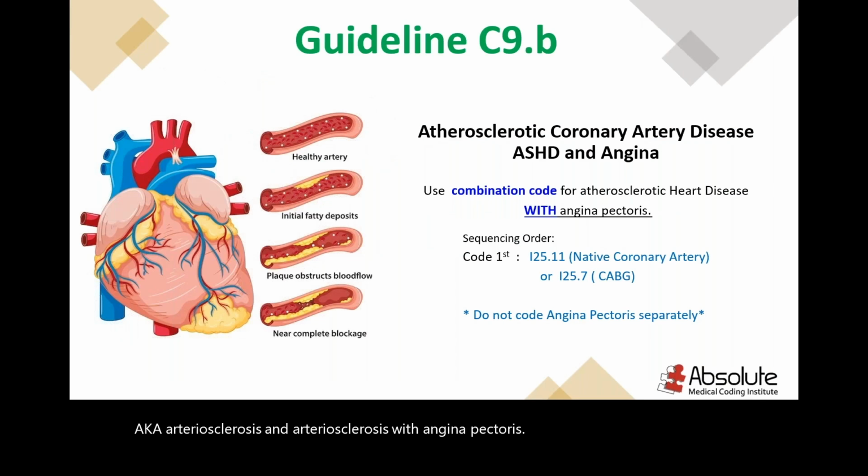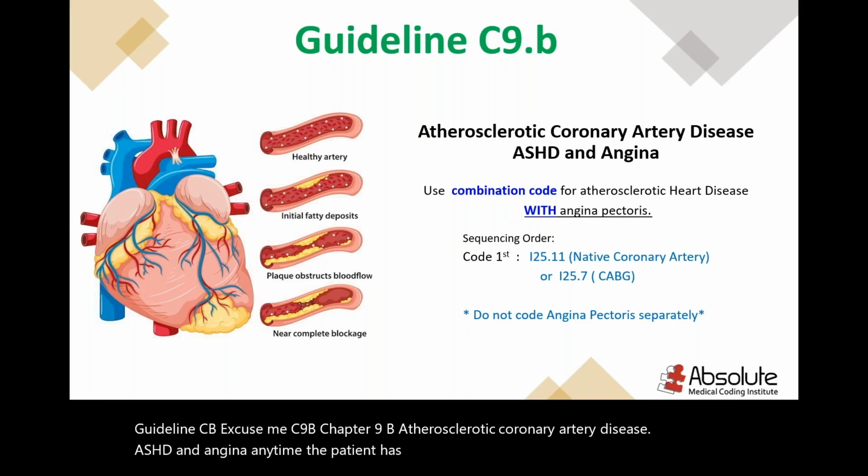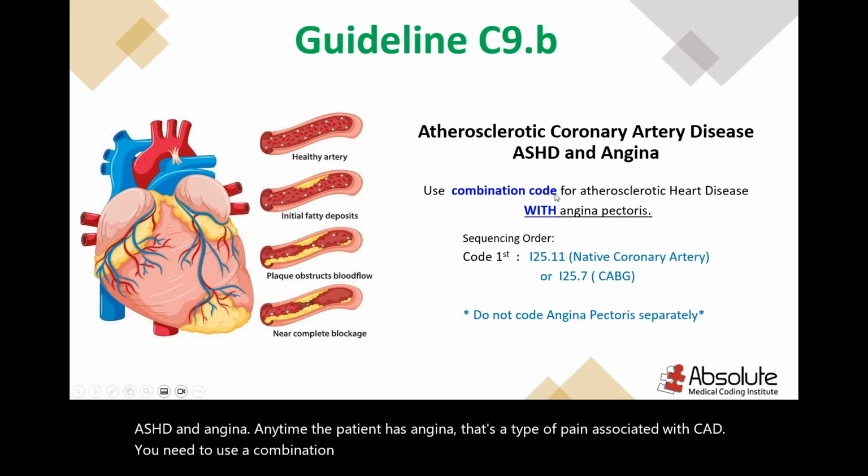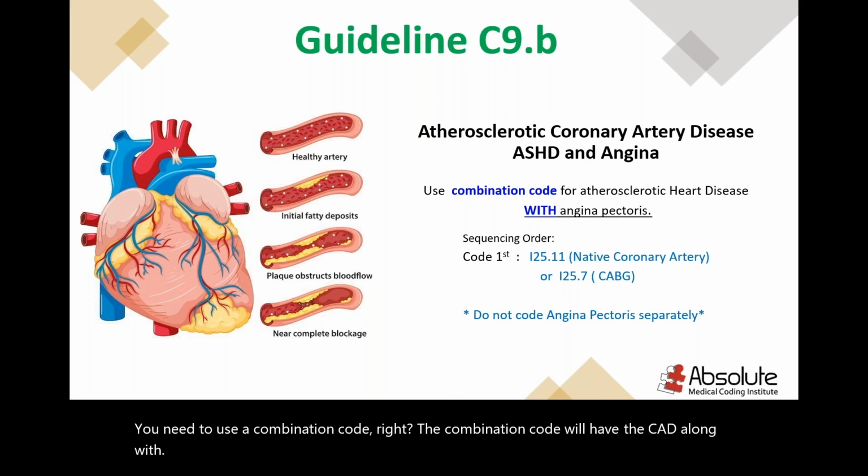Guideline C9B, Chapter 9B, atherosclerotic coronary artery disease, ASHD, and angina. Anytime the patient has angina, that's a type of pain associated with CAD, you need to use a combination code, right? The combination code will have the CAD along with angina or without angina.